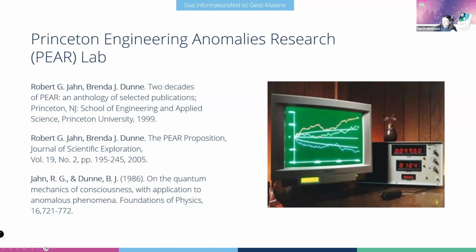You can see on this very old screen a curve going up, a curve going down, and a curve in the middle. The middle is if you do nothing. If you don't bother the noise generator, it just goes around this line in the middle. But if you concentrate on it and say, I want to increase the line, decrease the line, or change the color of a lamp, then it goes out of the confidence interval.